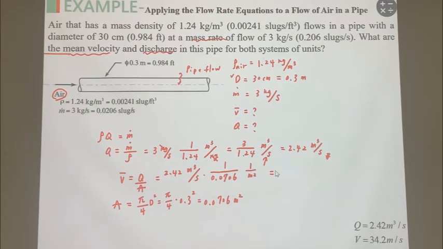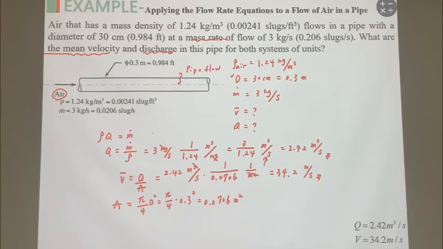You can compute the answer with your calculator. It's around 34.2, because the meter squared cancels out, leaving only meter, so the unit is meter per second.